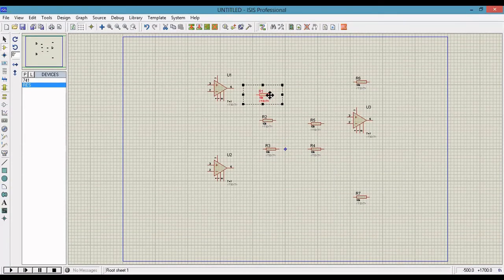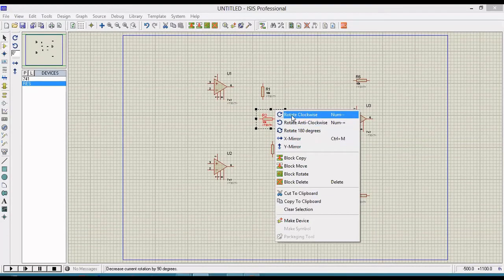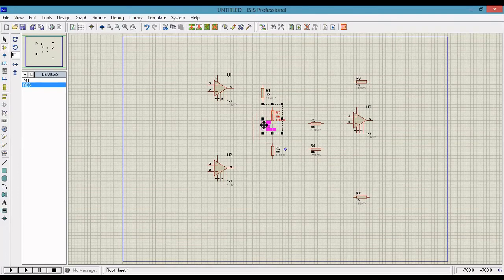Rotate this resistor anti-clockwise. Select and right click. Arrange these resistors.